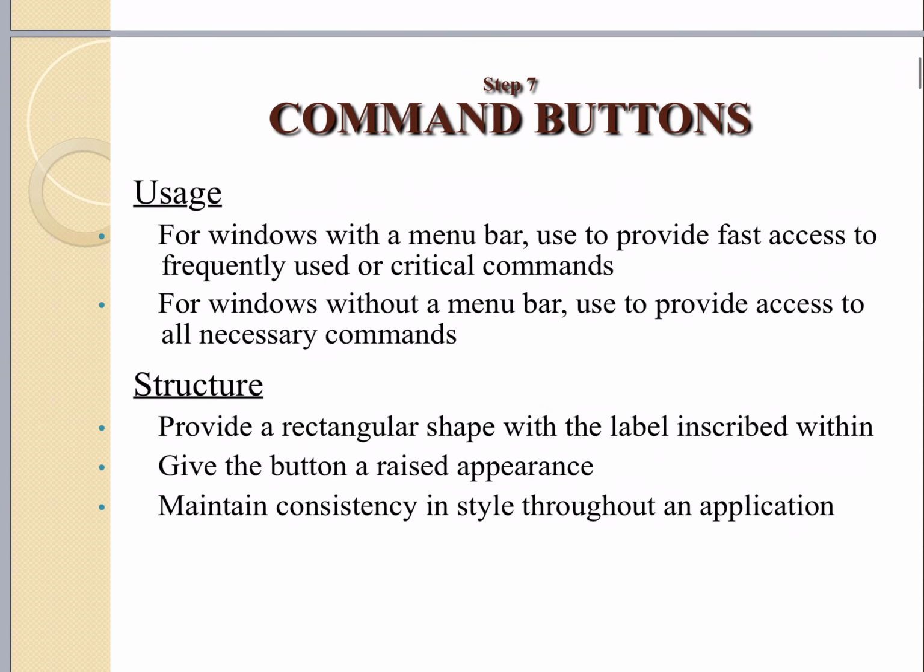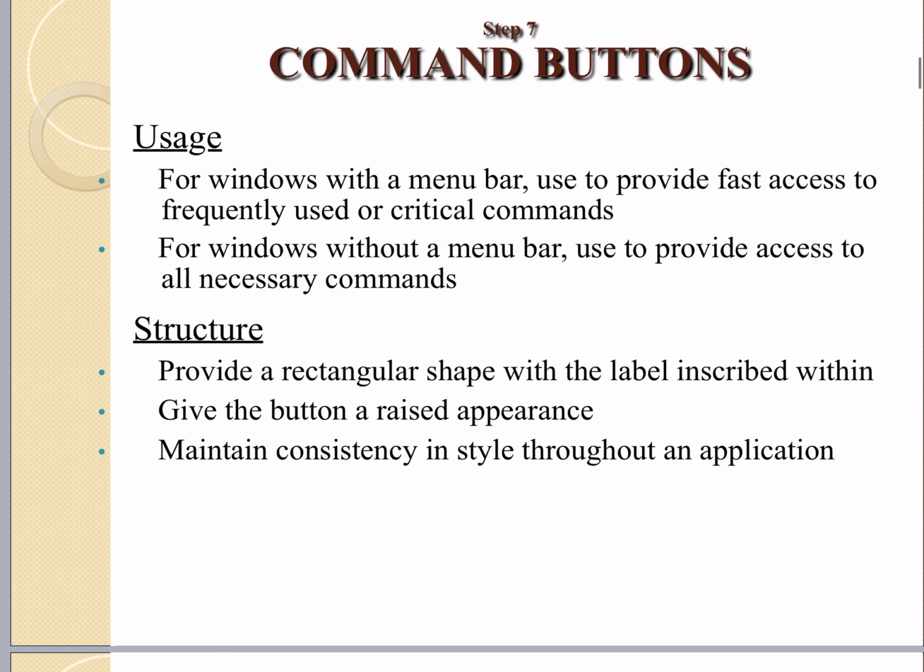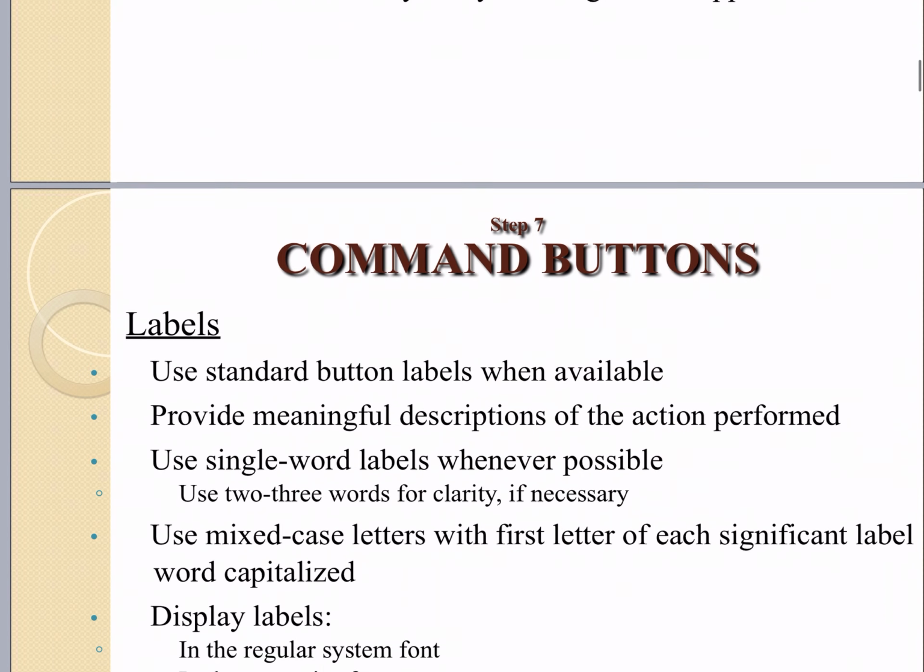Next, when it comes to command buttons, the usage would be in windows within a menu bar, used to provide fast access to frequently used or critical buttons. The structure would be a rectangular shape with a label inscribed within, give the button a raised appearance, and maintain consistency in style throughout an application.